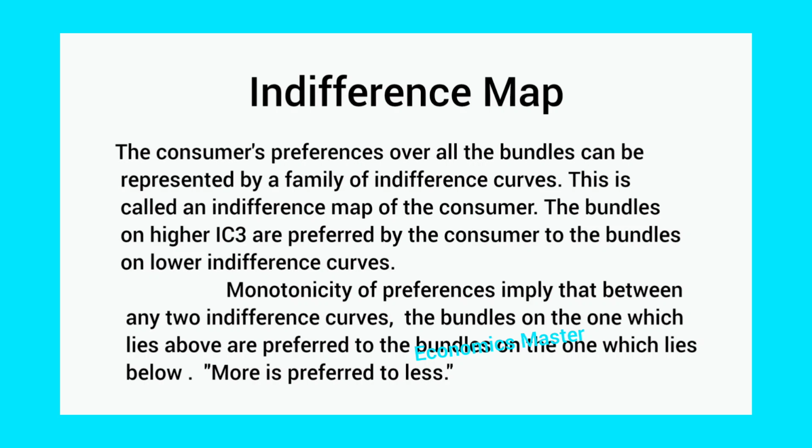This is known as the monotonicity of preferences, which means that the bundles on the one which lies above are preferred to the bundles on the one which lies below, which means the higher indifference curves are preferred by the consumer rather than the lower indifference curves.